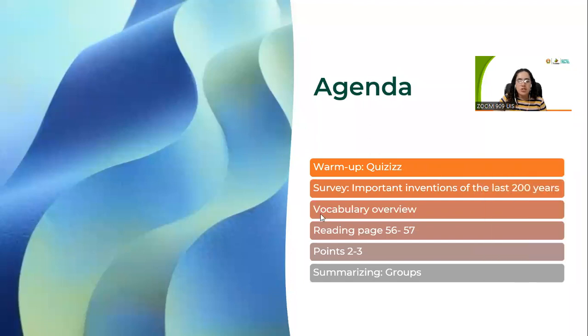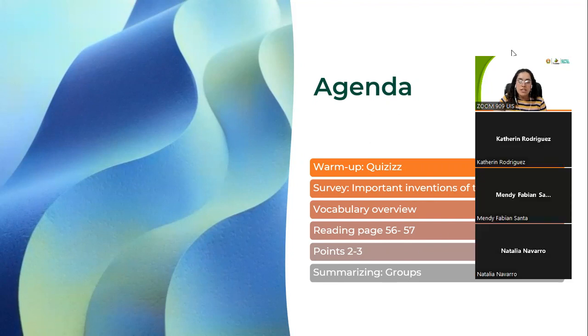So we are going to check some vocabulary before reading on page 56 and 57. You are going to work on points 2 and 3 for these pages. And finally is a summarizing activity in groups, okay? So a discussion and writing activity in groups to start Unit 6, okay?